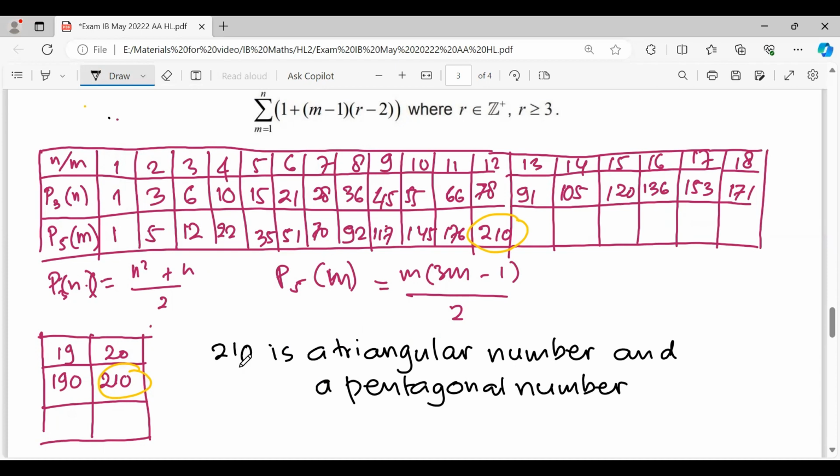So if the solution is 210, it means the values are m equals 12, while n equals 20.